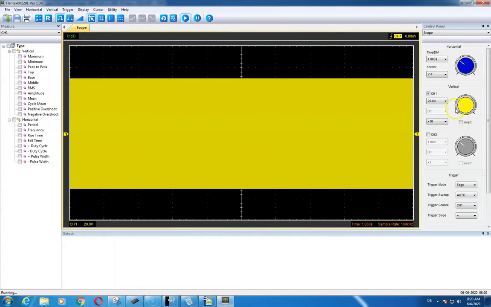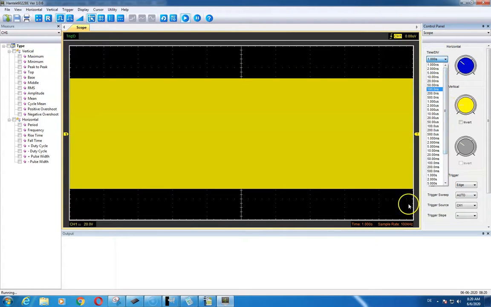This is channel 1, and so I've set that to 20 volts, for example, times 10, and then you can make changes. This is 1 second.